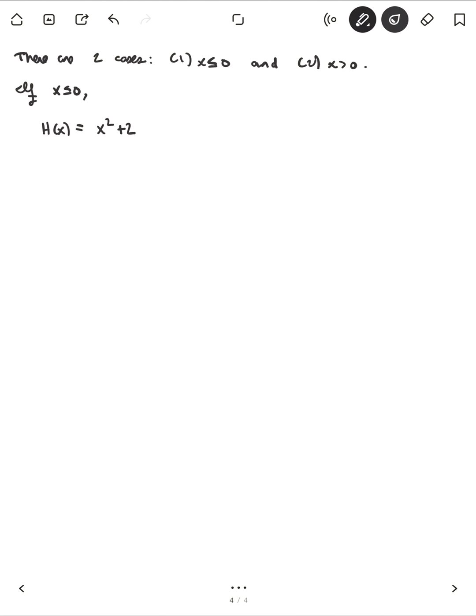k of h of x is equal to the negative square root of x squared plus 2 minus 2, which equals negative square root of x squared, and now x is less than or equal to 0, and so this is going to be equal to minus the absolute value of x, which is just going to be equal to x.